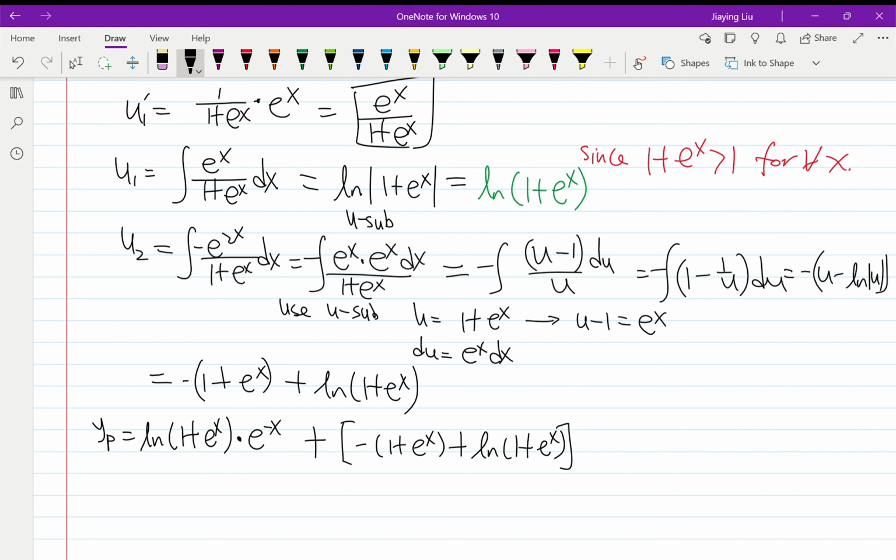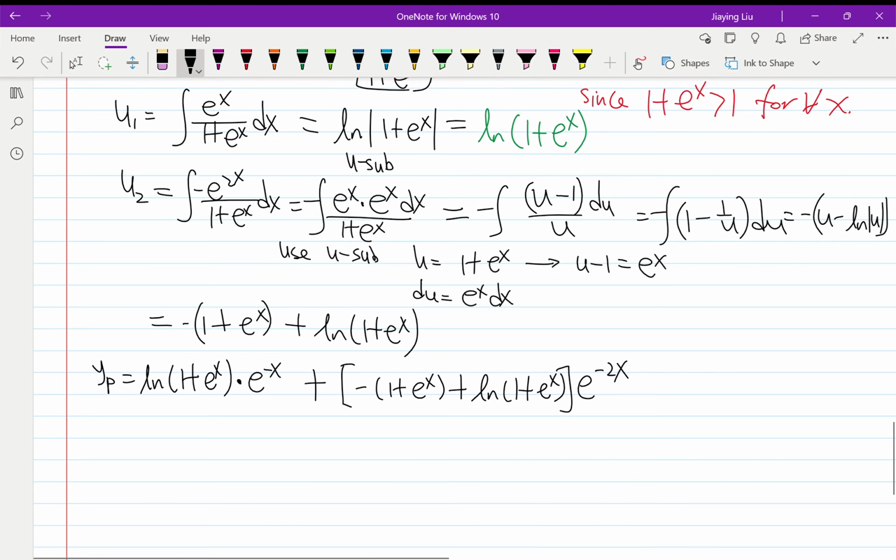And all multiply with y2 e to the negative, sorry, negative 2x. And then we can distribute the negative here, distribute e to the negative 2x if we want. But we can leave it for now.